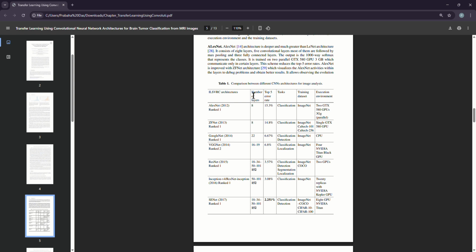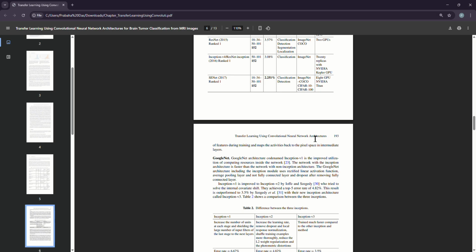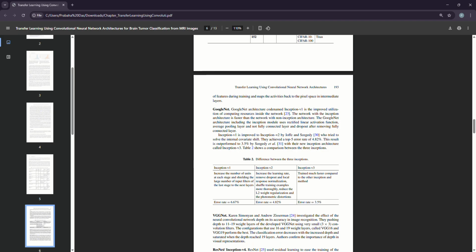So this table basically summarizes the error rates for each of the networks. Some of the key CNN networks are AlexNet, which uses 8 layers, of which 5 are convolutional and 3 are fully connected, and it uses ReLU activation and dropout for regularization.